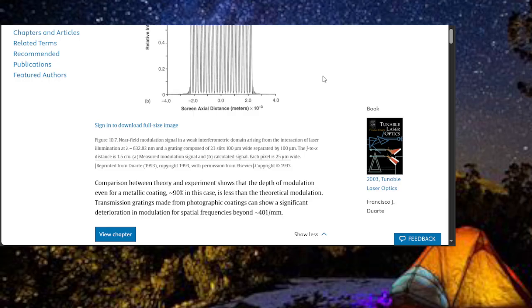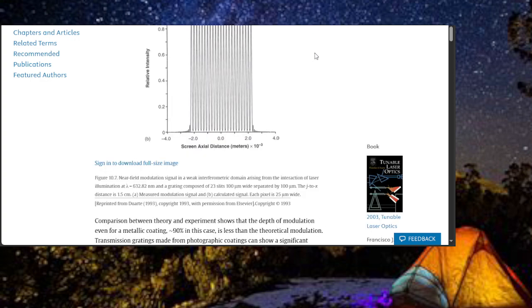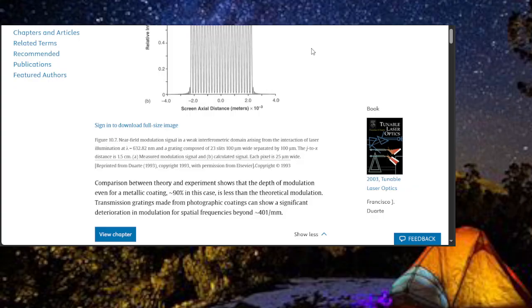Near-field modulation signal in a weak interferometric domain arising from the interaction of laser illumination at a certain wavelength and a grating composed of 23 slits 100 micrometers wide.